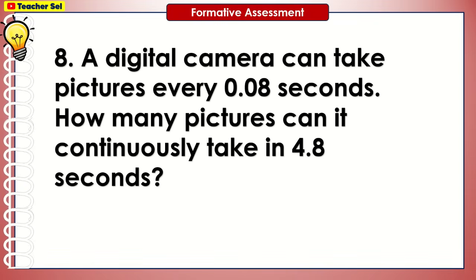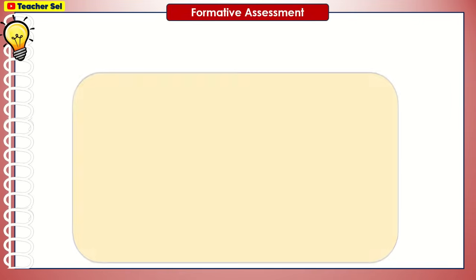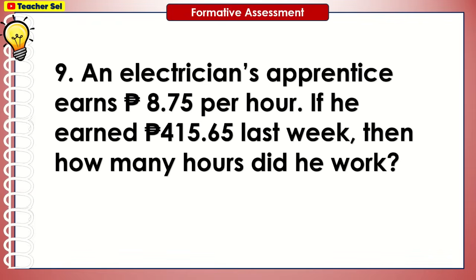A digital camera can take pictures every 0.08 seconds. How many pictures can it continuously take in 4.8 seconds? The answer is D, 60. An electrician's apprentice earns 8 pesos and 75 centavos per hour.